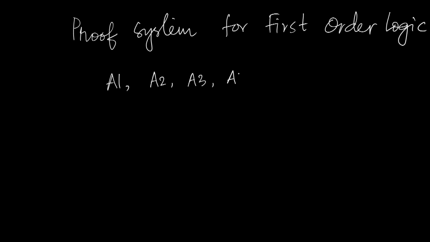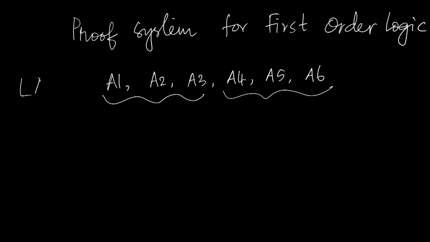We saw 6 templates for forming logical axioms. 3 of them were identical to the logical axioms of the propositional calculus, and then we had 3 additional logical axioms for first order logic. So these form the logical axioms of first order logic.